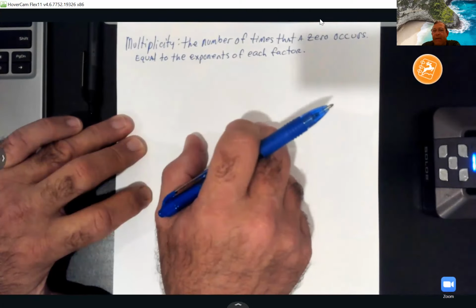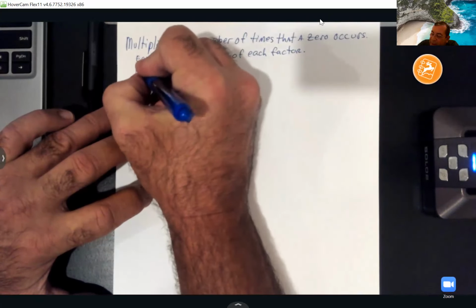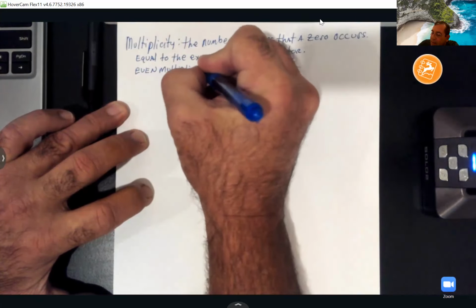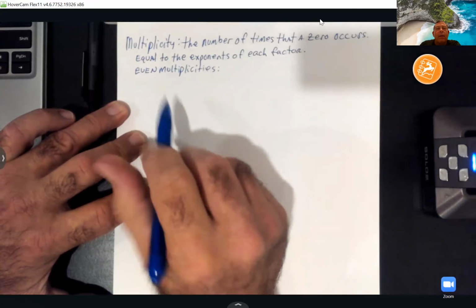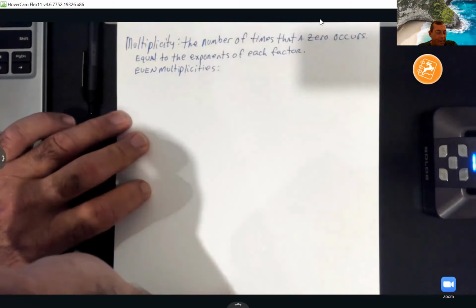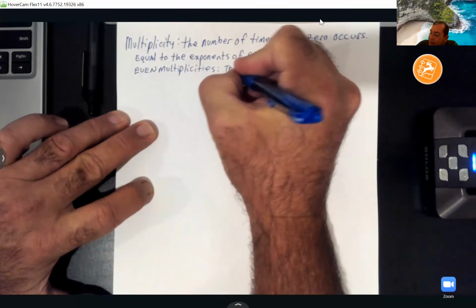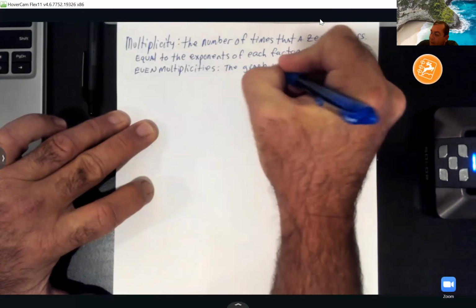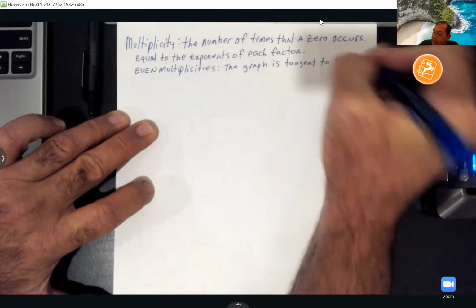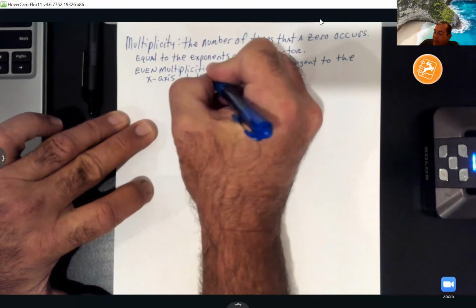If I got a factor and it's got an even exponent, so even multiplicities, the graph is tangent to the x-axis at that 0.